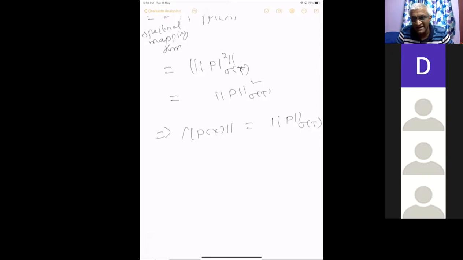This is like the C star identity for C of sigma of t. It's true for any polynomial: norm of f square equals norm of f bar f, the star of that. You can directly check. So that's what I'm using there.